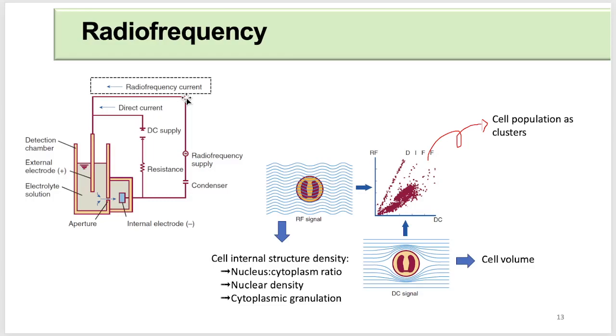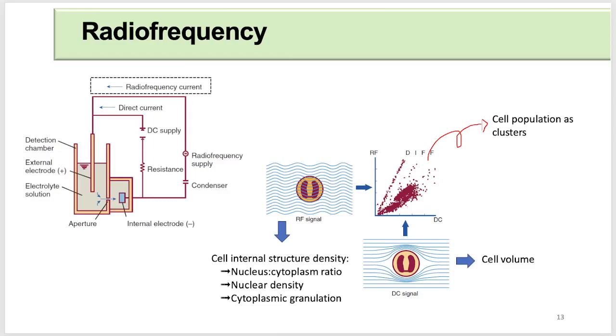Conductivity as measured by your high frequency, yung mini-measure ng ating radio frequency which is your conductivity, is attenuated by your nucleus to cytoplasm ratio, nuclear density, and your cytoplasmic granulation. Again, yung conductivity na mini-measure by your high-frequency electromagnetic probe is attenuated by your nucleus cytoplasm ratio, nuclear density, and your cytoplasmic granulation.